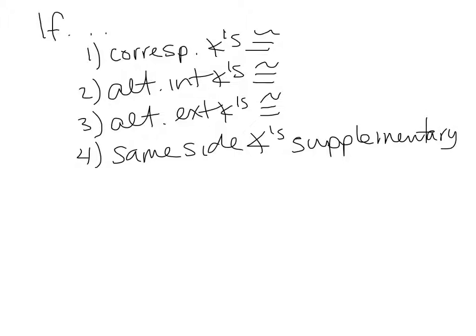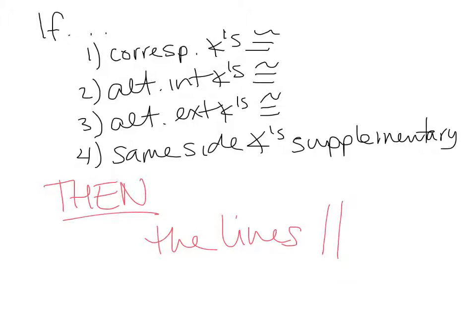If any one of those 4 things is true, then the lines are parallel. Okay, so this is a really big deal. Push pause, write this down, make sure you know what this is saying.